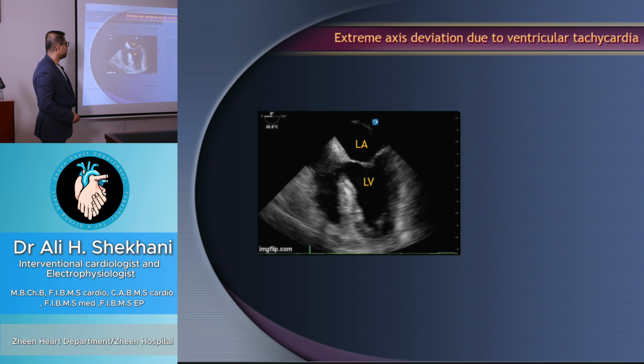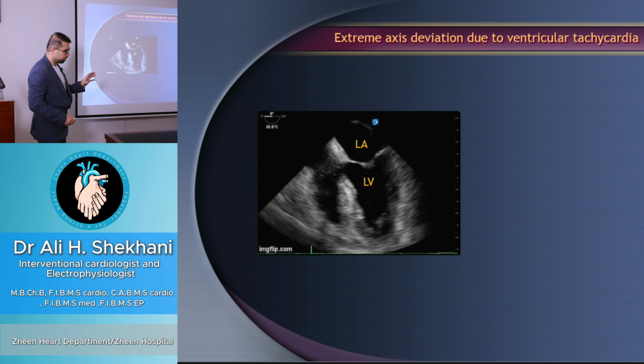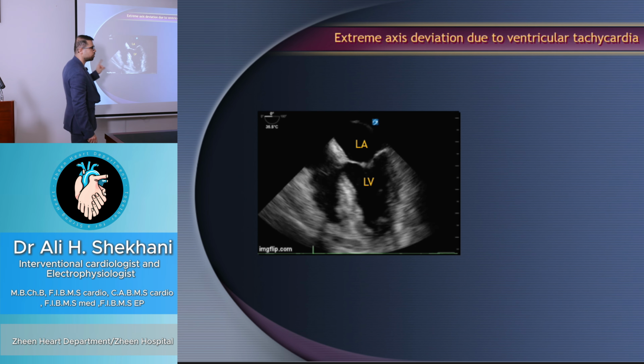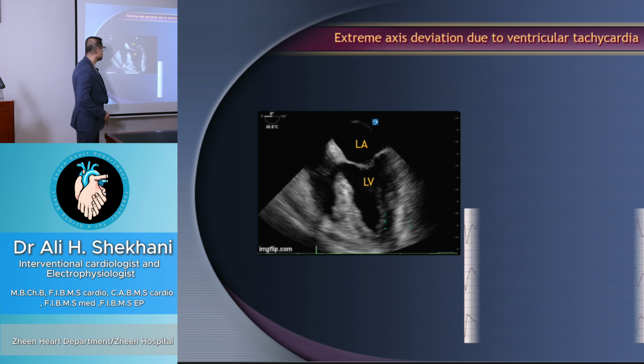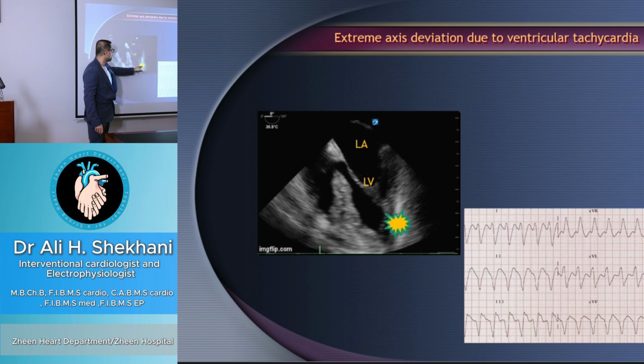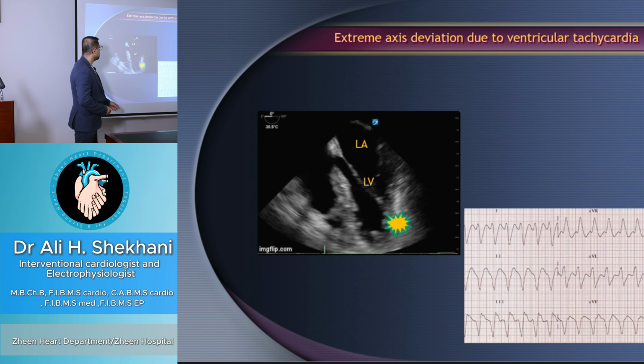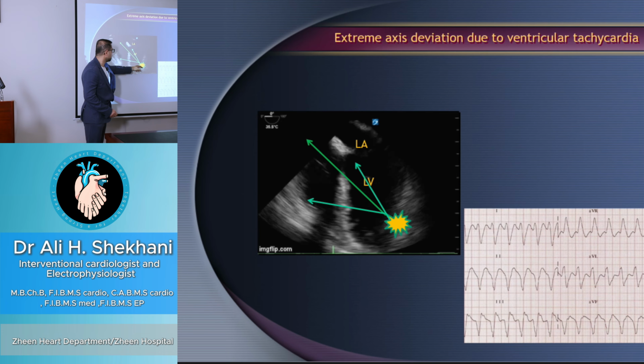To understand the concept of axis deviation, this is a transesophageal echo. This is the left atrium, this is the left ventricle. Suppose there is a focus of VT arising here, we expect that the direction of depolarization is away from this signal.